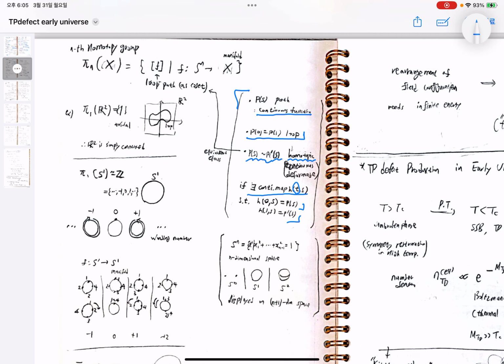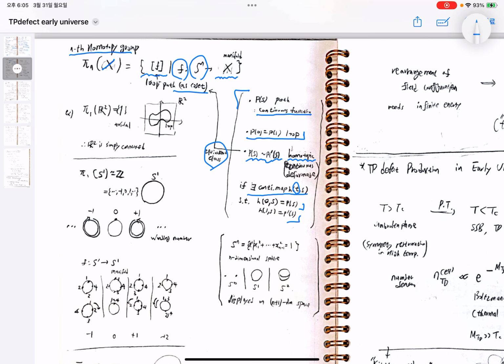So if we define such a homotopic relation, this is an equivalence relation, so we can define the equivalence class. By using the equivalence class, we can define the cosets as loop paths, and if this is a mapping from the spatial infinity S^n to some manifold X, then if we collect such cosets, this is called the homotopy group.